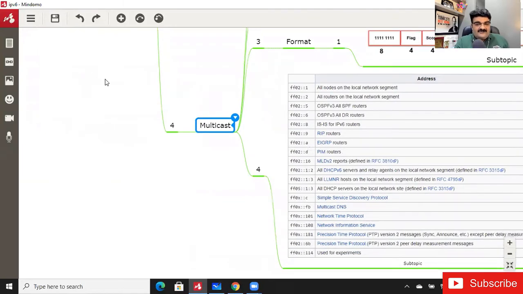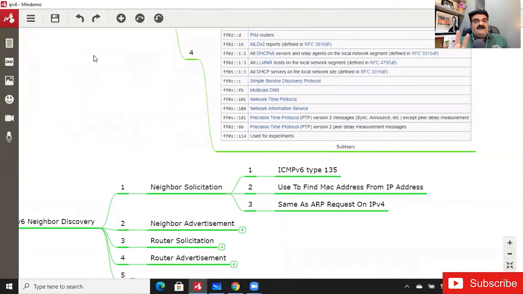So it will use this particular address for the multicast, because it wants to send the packet to all nodes. If your IP address is this, give me your MAC address. Yeah, so this is the way the communication is happening.